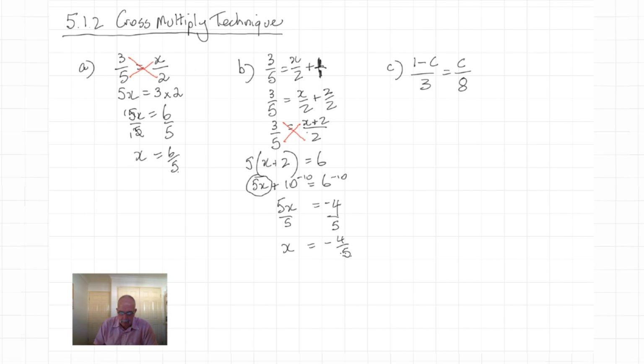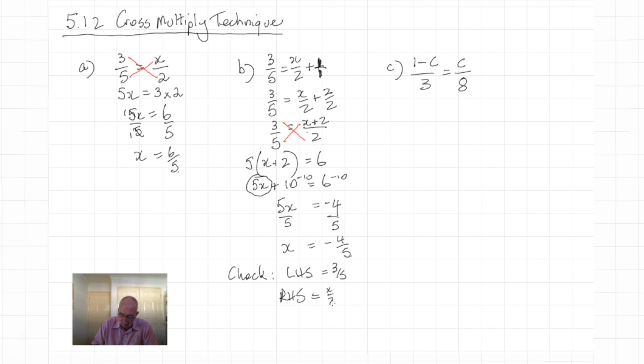Okay, now I've been espousing the check business, so let's see if we can check. Left-hand side, well, there's no evaluation, it is equal to 3 over 5. The right-hand side equals x on 2 plus 1.